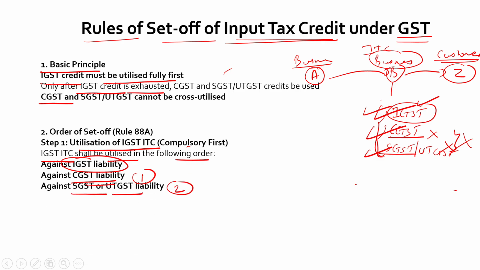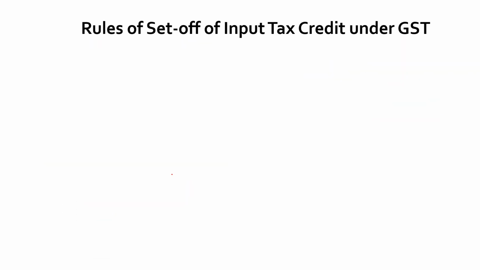This is the order which we need to follow. Very important order: IGST first against CGST, second against SGST, and this IGST needs to get exhausted. This order is very, very mandatory in nature.